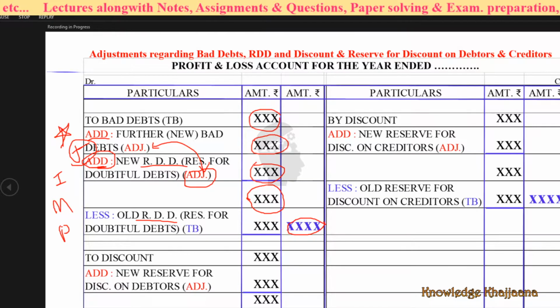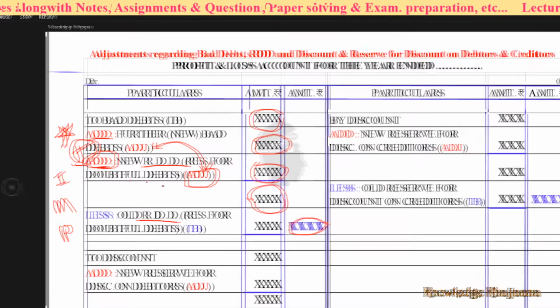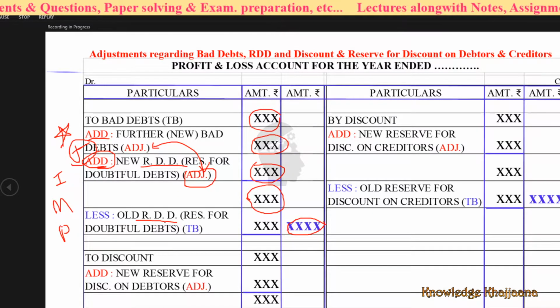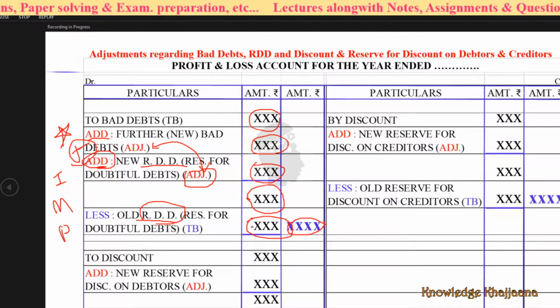What does this mean? Why do you have to deduct the old RDD? Old RDD means that last year we had assumed this much of amount of debtors and kept it in reserve. This much of amount of debtors we had kept in reserve last year, that is old.